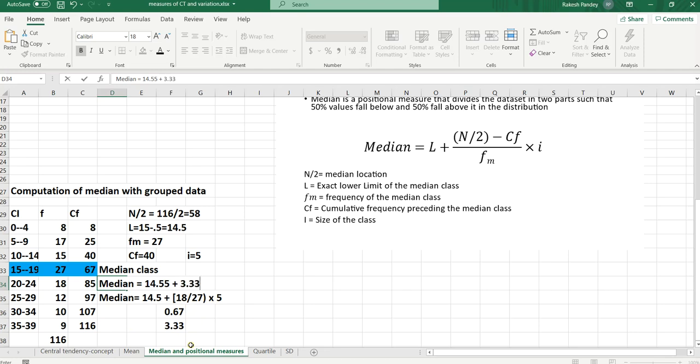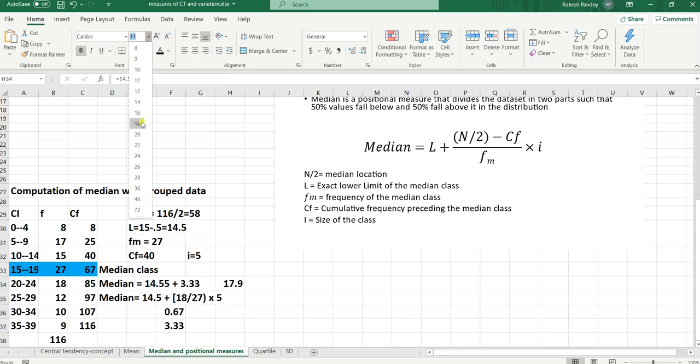And this will be equal to 14.5 plus 3.33, which is 17.8, and when rounded off it is 17.9.